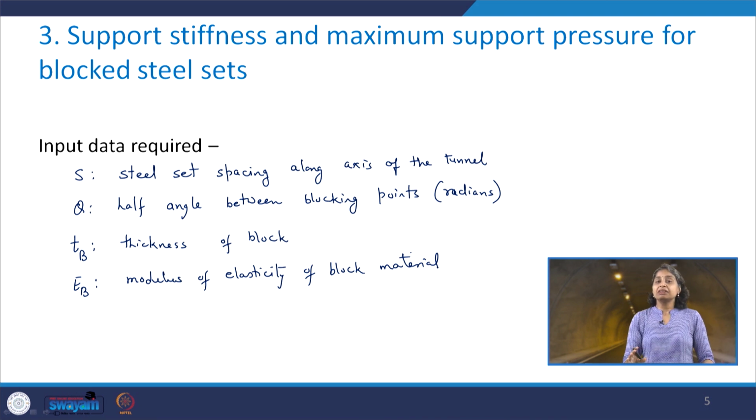Now, having these data with us, we are ready to calculate the support stiffness and maximum support pressure for blocked steel sets. We have already discussed what exactly these expressions are, but here we are putting all the things together at one place.